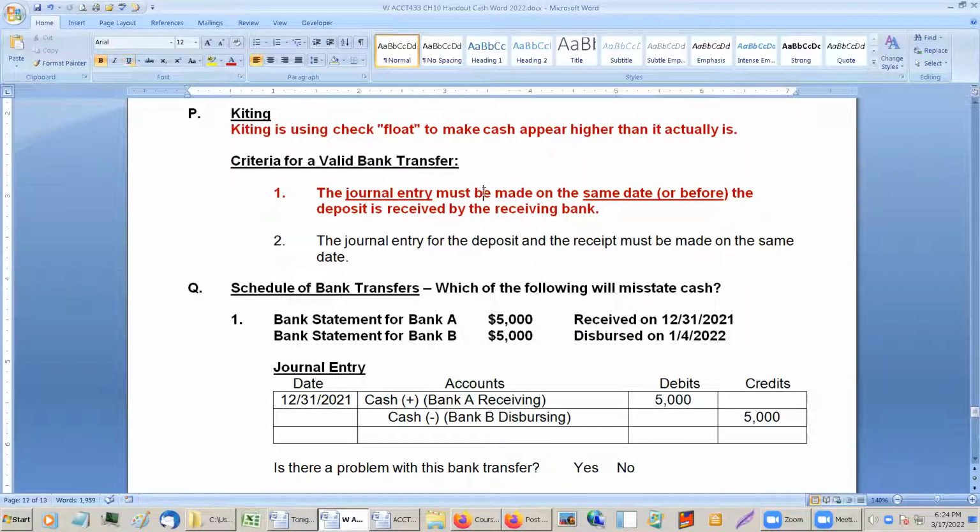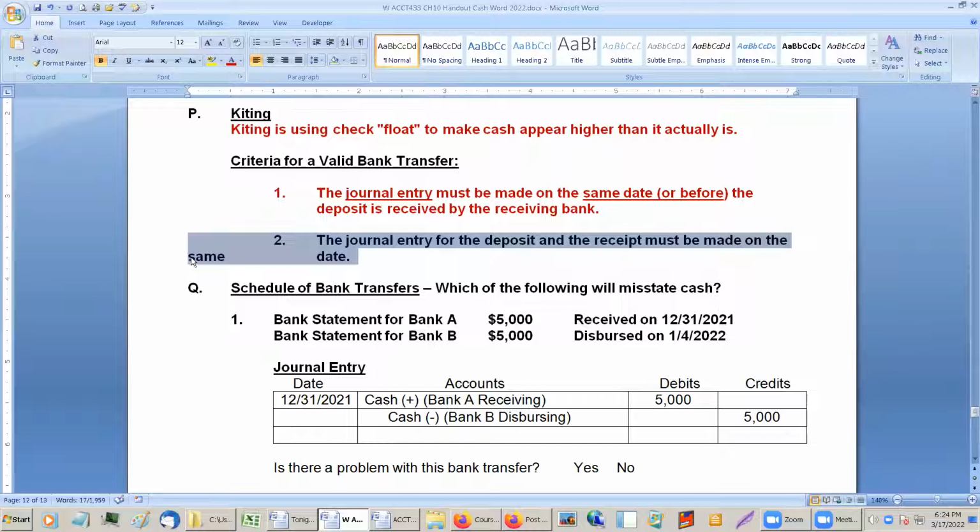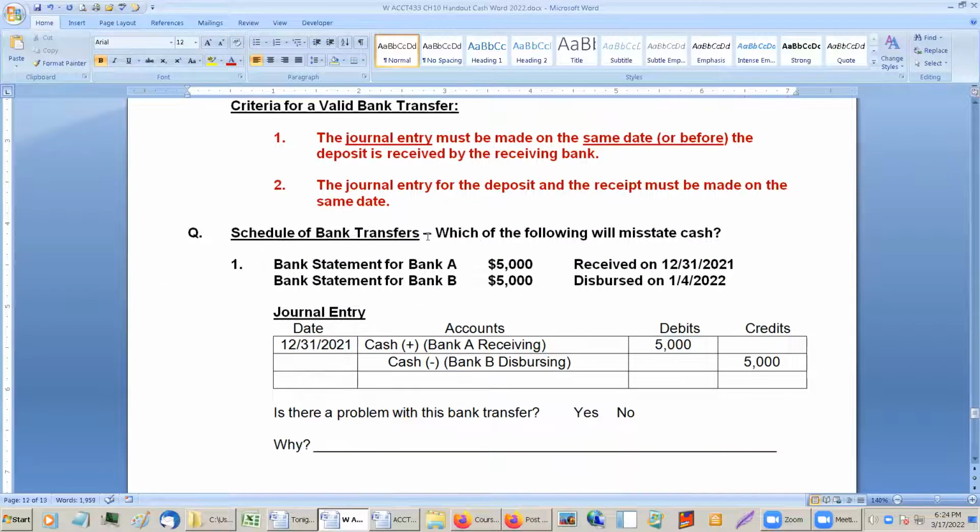So when the deposit's made, you have to make the journal entry that the deposit is being made, again, on the same date or before. Two, the journal entry for the deposit and the receipt must be made at the same time.